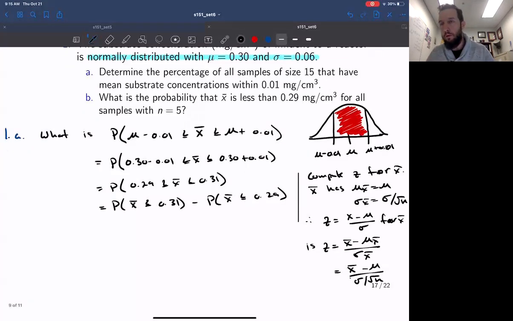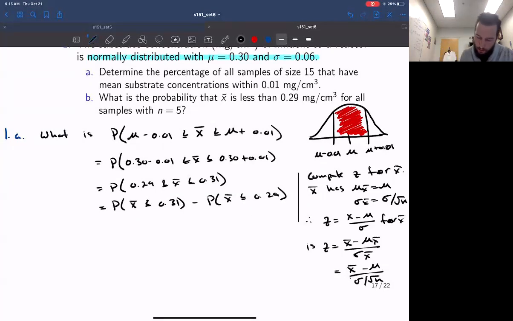So basically the point is, in the situation where the sampling distribution is normal, we can apply the rules for finding area under the normal curve by standardizing X bar. And the only difference between what we did when we had X by itself and what we do when we have X bar is that we divide by sigma over the square root of n in computing our Z score.